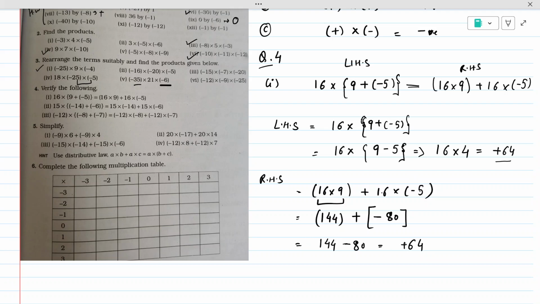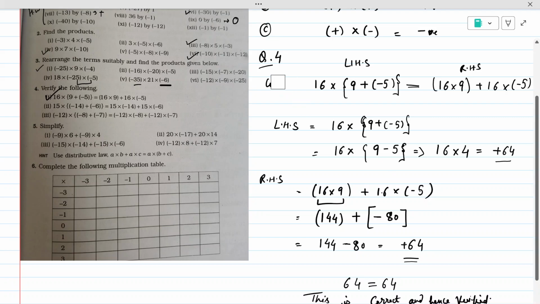So when we have solved both the sides, we have got the same answer. 64 is equal to 64. Therefore, this statement is correct. So we will write this is correct and hence verified. Okay, so we have verified this statement. This is true.